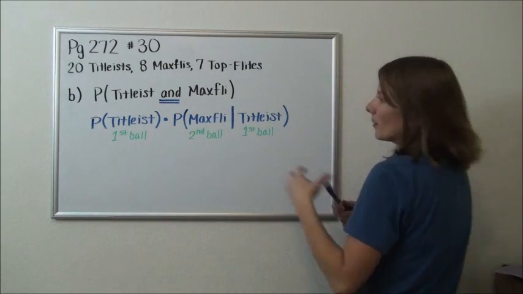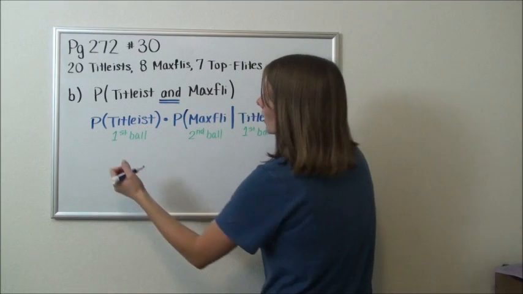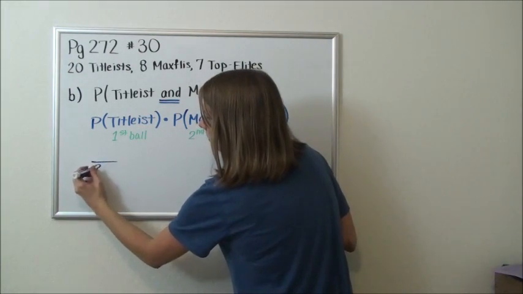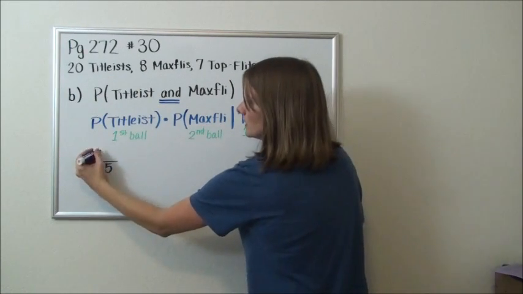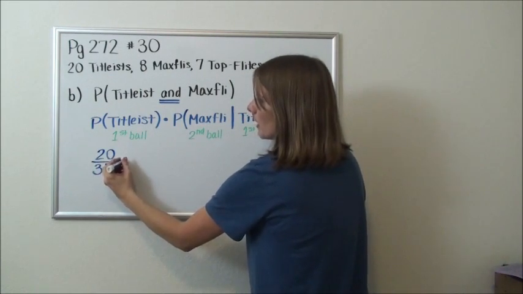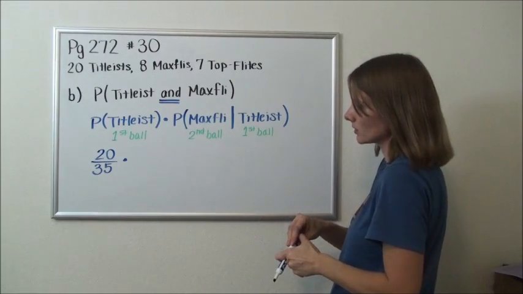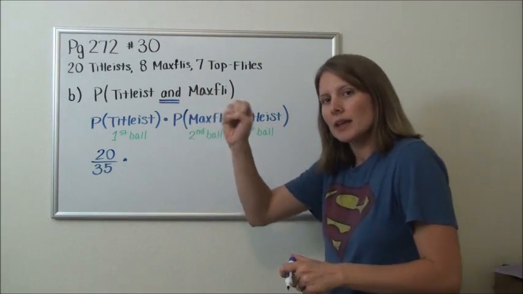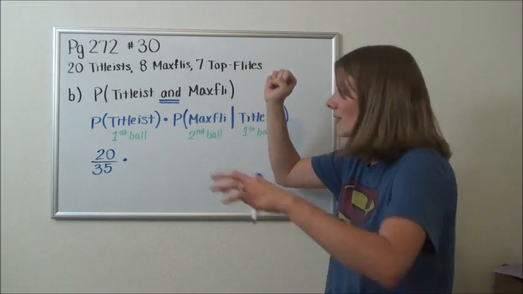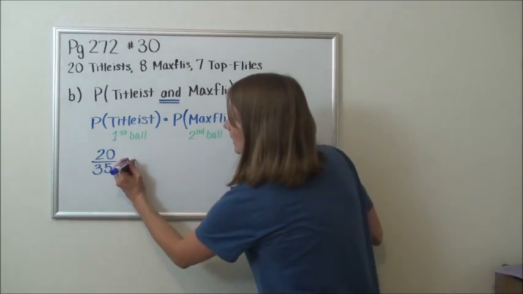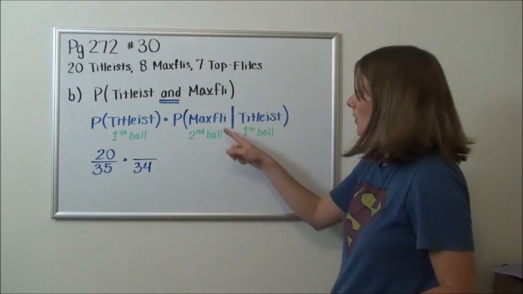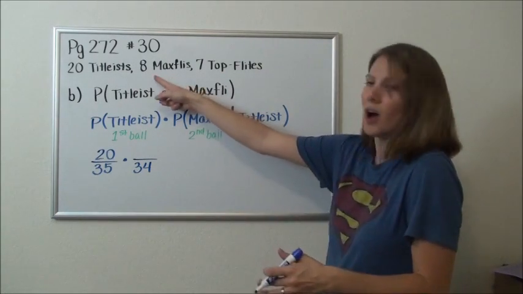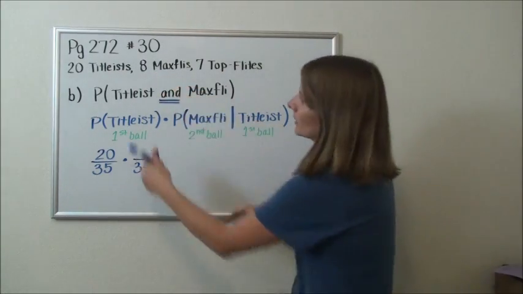So when I go to grab the first ball, there are again 35 balls in the bag, and of those 35, there were 20 Titleists. So there's my probability of getting a Titleist first. But again, when I grab that Titleist out of the bag, now I hang on to it, and there's only 34 balls left in the bag. Of those 34, how many are Max Flies? Well, they're all still there because I didn't take one out. I took a Titleist out.